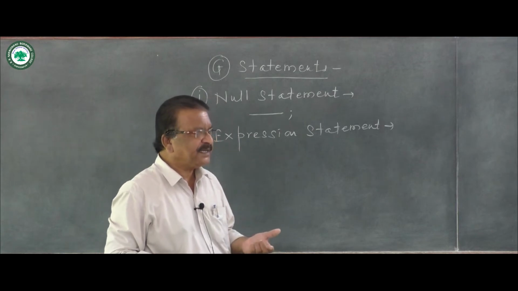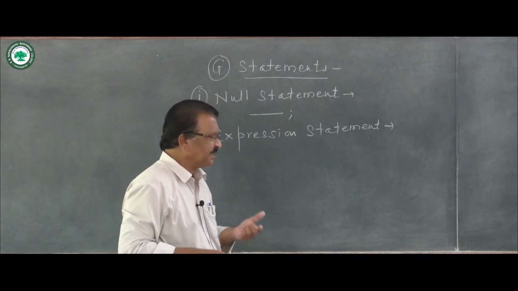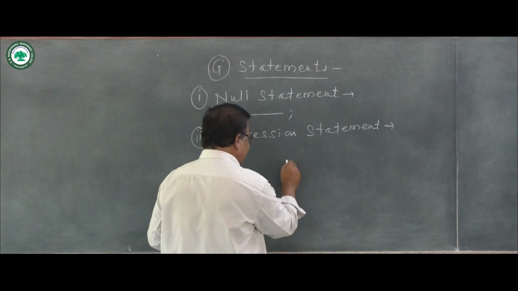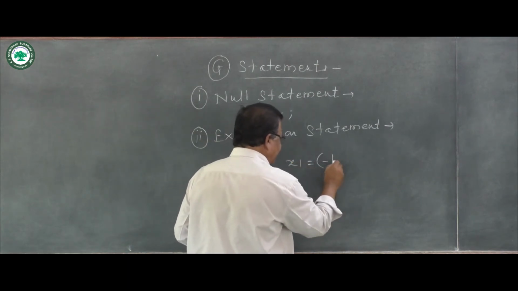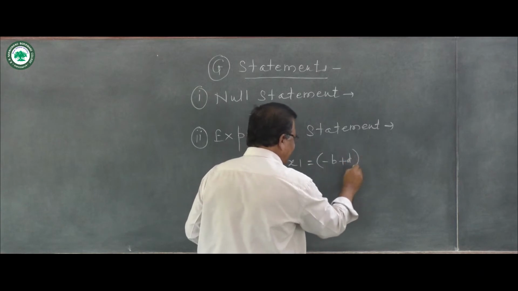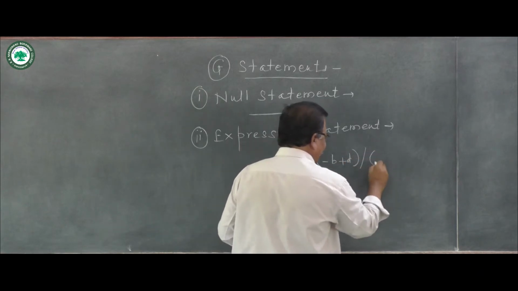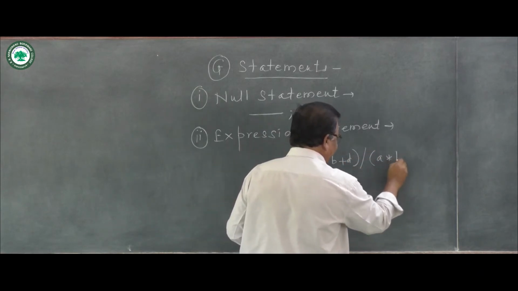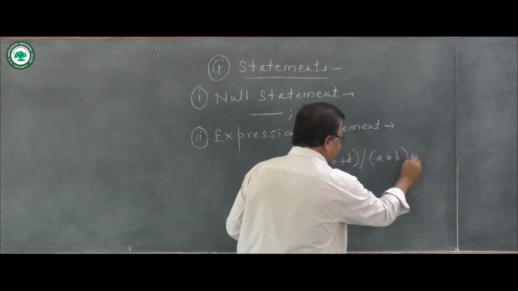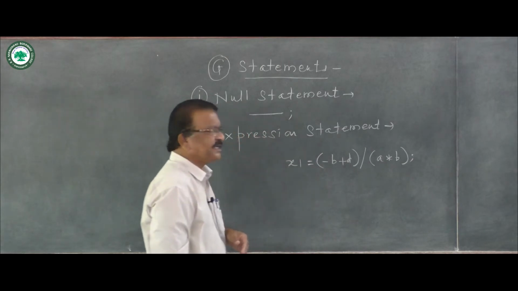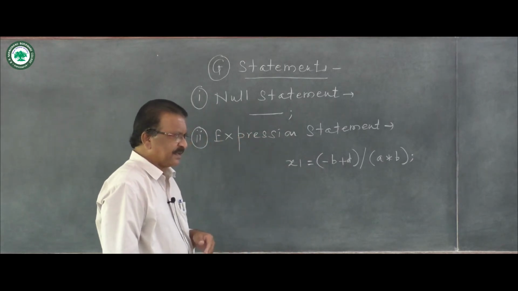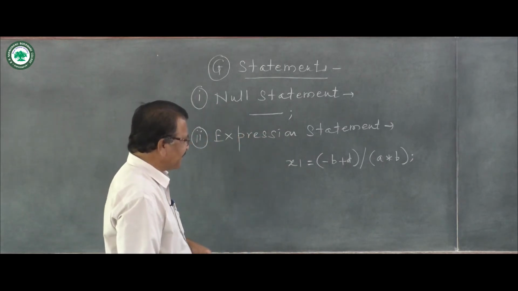Many C statements are expression statements, such as assignment statements like x1 equal to minus b plus d divided by a star b. This expression followed by semicolon is an expression statement, precisely an assignment statement.